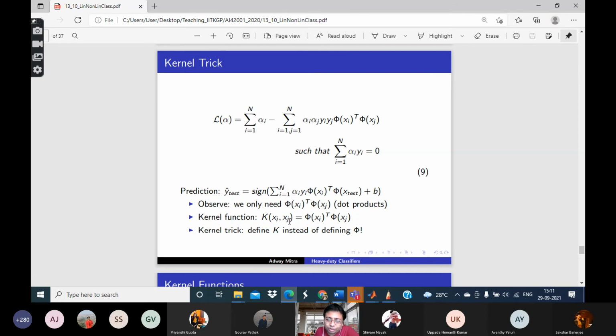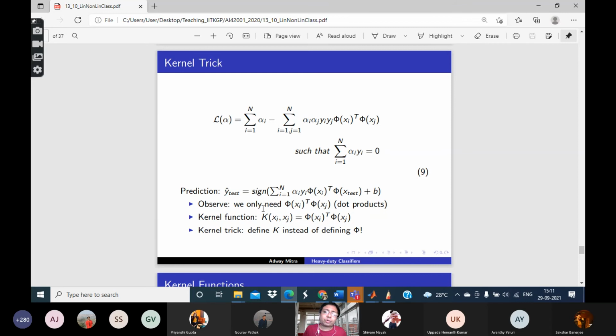Like k of xi comma xj, this kind of a function can be some easily computable function of the two vectors xi and xj, but the function will be such that there exists some transformation phi for which k of xi, xj is equal to phi of xi transpose phi of xj. It's a bit counterintuitive, but this is the way it works.